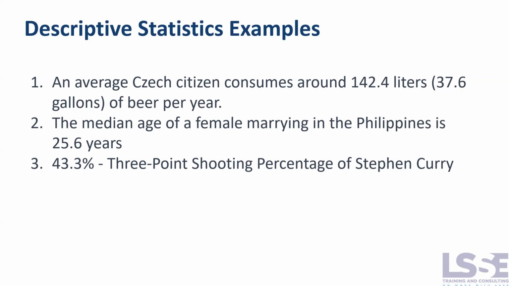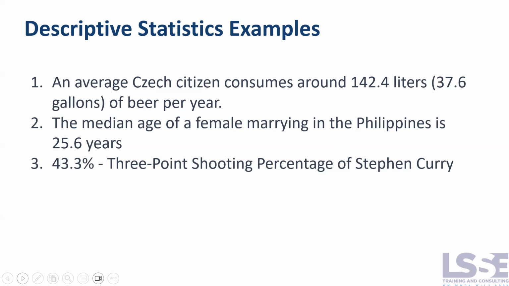The median age of a female marrying in the Philippines is 25.6 years. So you are more likely to find a female marrying somewhere between 25 and 26. Another descriptive statistic, the three-point shooting percentage of Stephen Curry is 43.3%. So it describes the data.